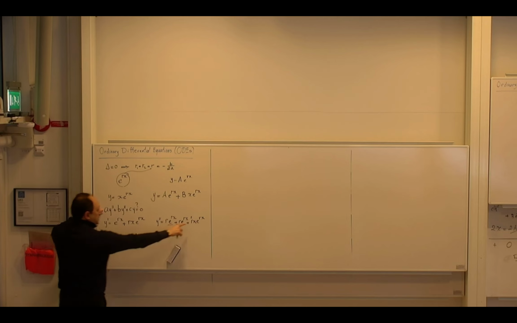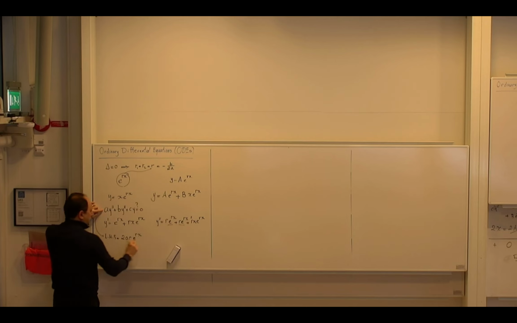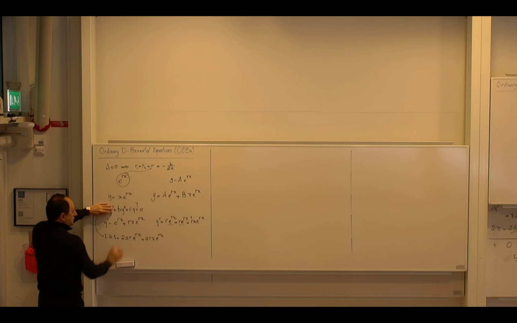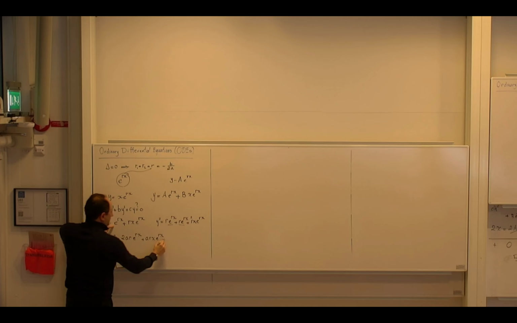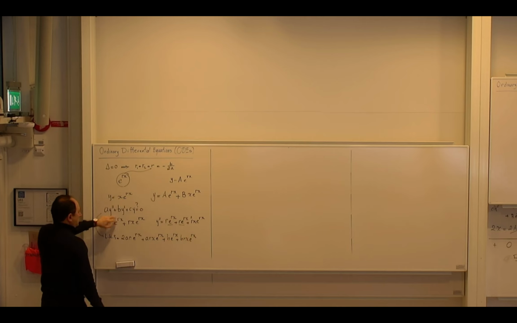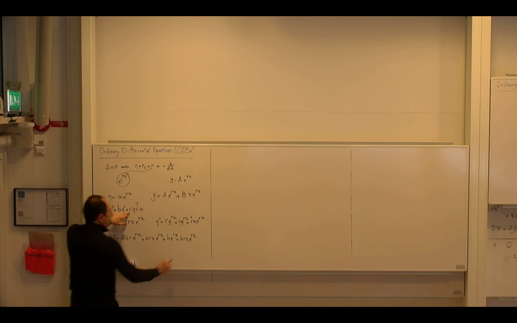And there is another one, I have to multiply it by a, so it becomes ar squared x e to power rx. This is the first one. And then this is y prime, and I have to multiply b by y prime. So it becomes b e to power rx plus b rx e to power rx. So I did that one. Then I have to multiply this y by c.